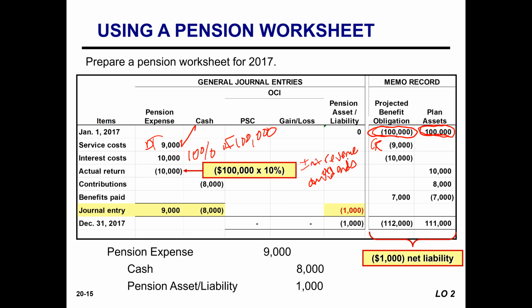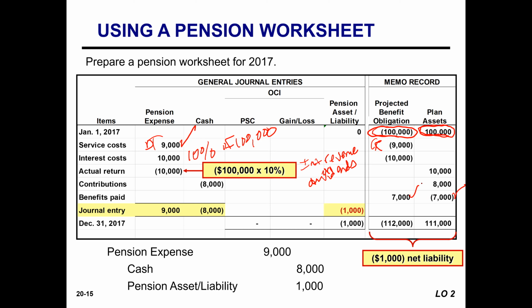And then we have contributions that were made of 8,000. That's a decrease to cash, as we can see here. And then finally, benefits paid to retirees during the year, 7,000. That's where we get a decrease in the assets, an increase in the obligation.